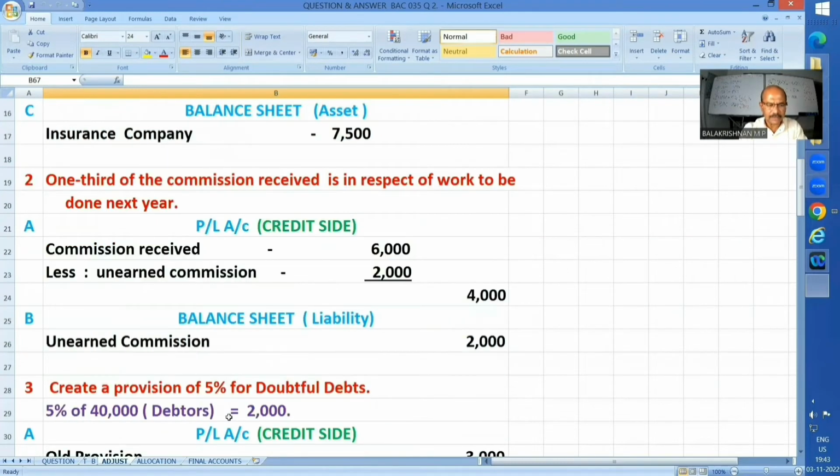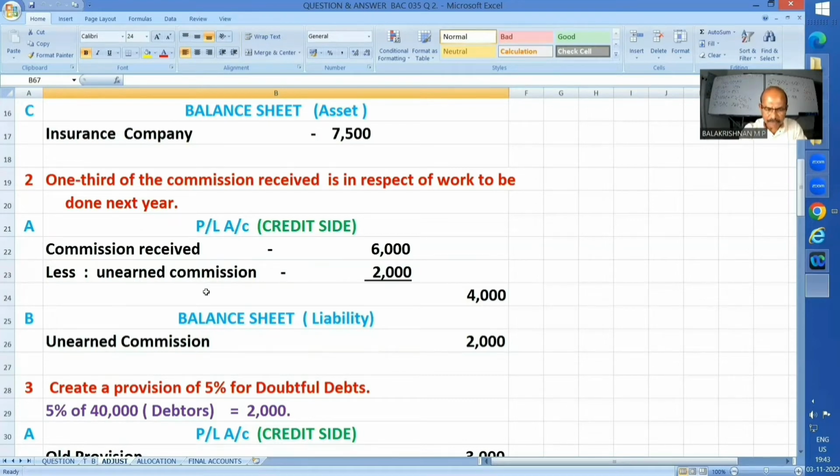And second, one-third of the commission received is in respect of work to be done next year. Commission received has been given as 6,000. One-third is 2,000. That is unearned commission. Why is it called unearned commission? I received the money, but I have not performed the work that was expected of me.